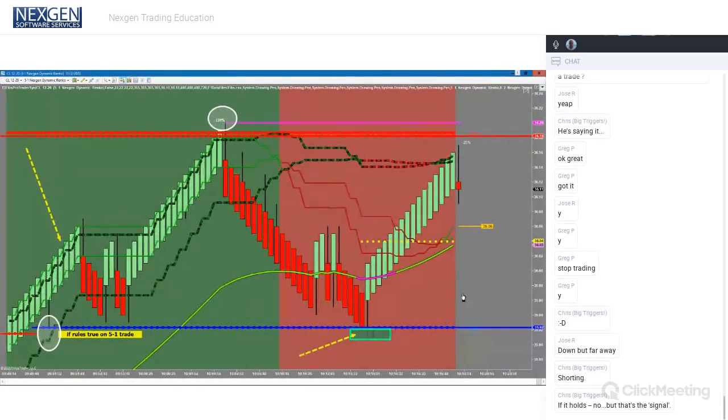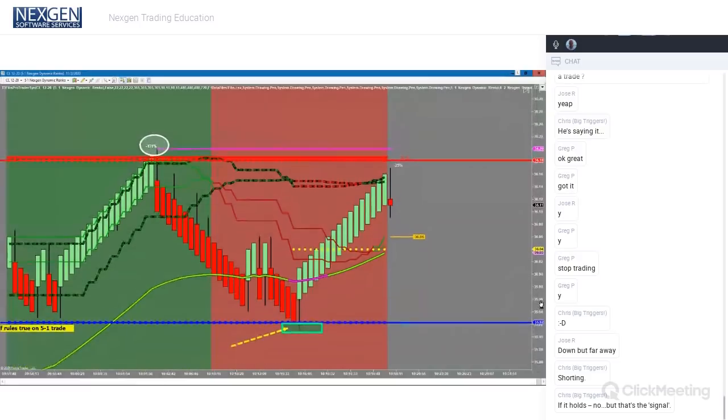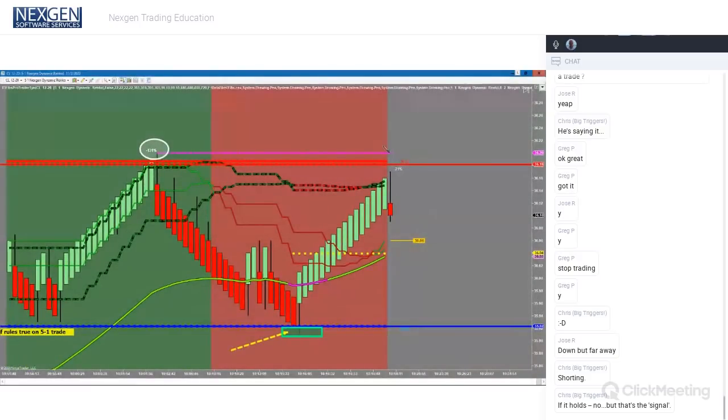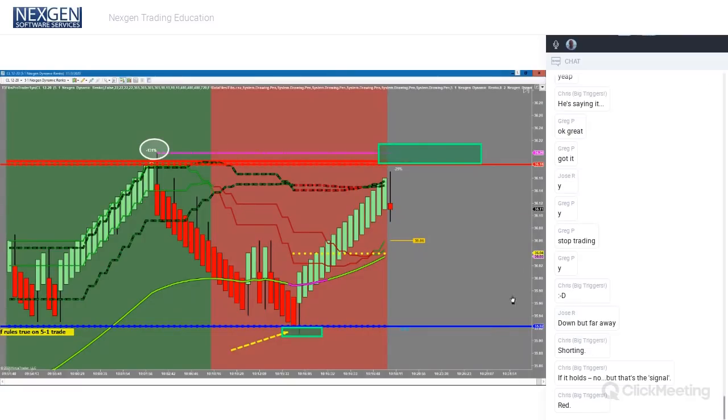So look, everything is in a vacuum all by itself. Let's assume that we retest this area. What color is the area, red or blue? Red. But by the time we get up here, we're going to have to ask ourselves, what are the triggers doing?